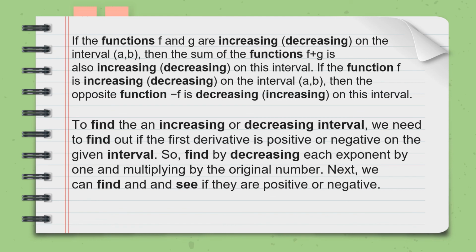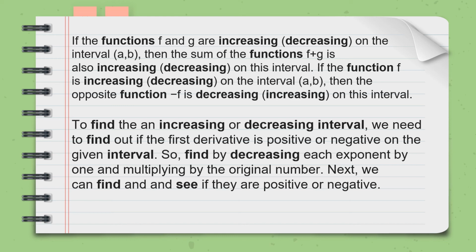If the functions f and g are increasing or decreasing on the interval (a, b), then the sum of the functions f plus g is also increasing or decreasing on this interval. If the function f is increasing or decreasing on the interval (a, b), then the opposite function, negative f, is decreasing or increasing on this interval.